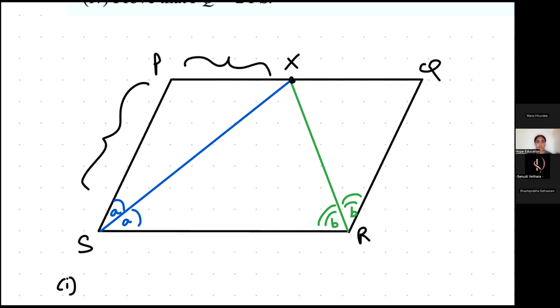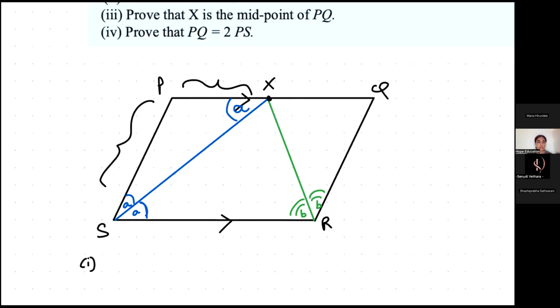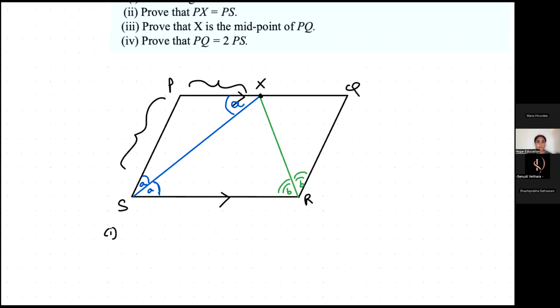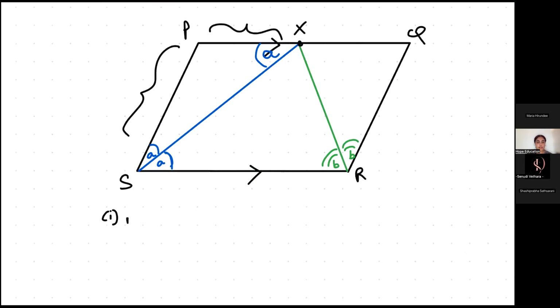Parallelogram means opposite sides are parallel. Opposite sides parallel කියලා කියන්නේ මේ angle එකයි equal. මෙයා a නම් මෙයාත් a. Right? So I will write that PXS equals XSR.